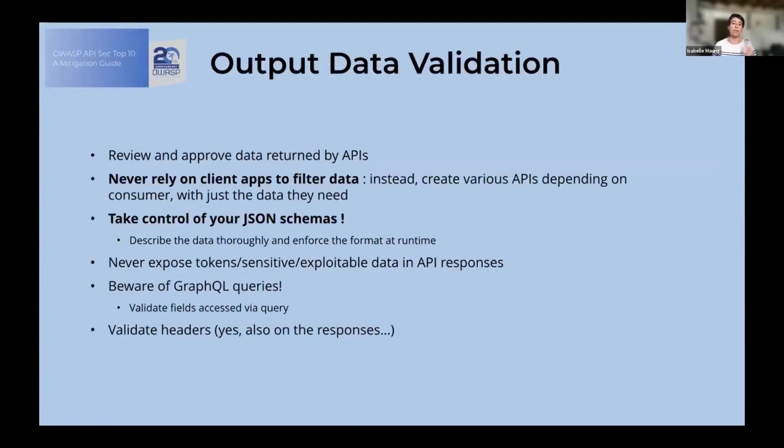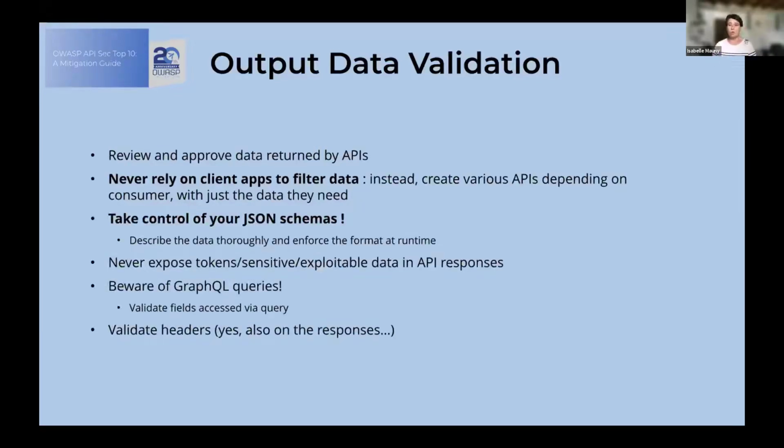Again, one of the key things we have done when we moved from a traditional architecture to an API-based architecture is moving that filtering and validation that we were doing on the server side to say, oh, to this client, I'm going to show 3 properties, and to that client, I'm going to show 10 properties. We move that to the client side, which basically means if I go straight to the API again, I don't see 3 properties, I see 10 or 25 or 100, I don't know, right?